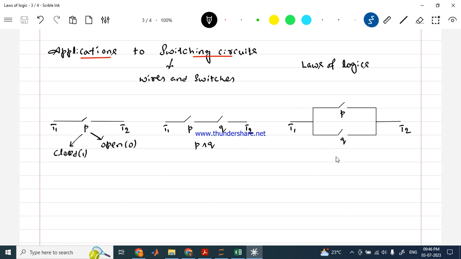So this represents P disjunction Q, and we say P and Q are in parallel connection. So now if I consider any switching circuit, it will be a combination of these three.